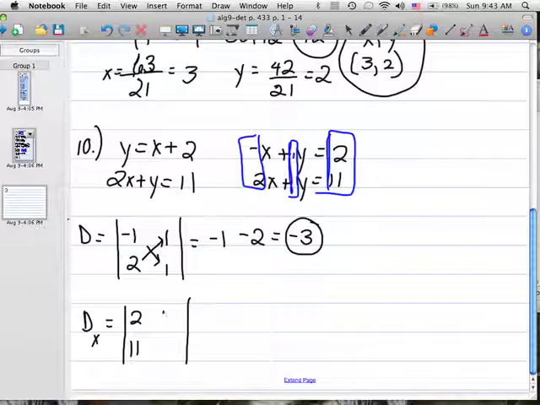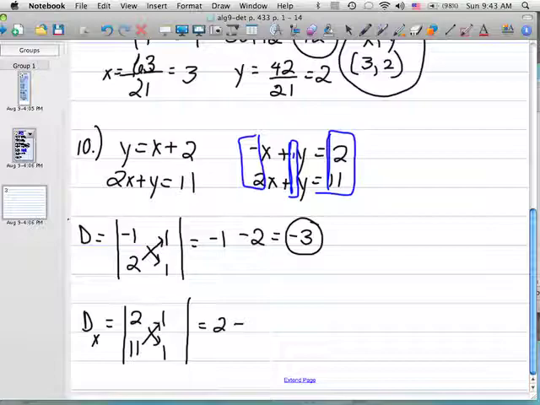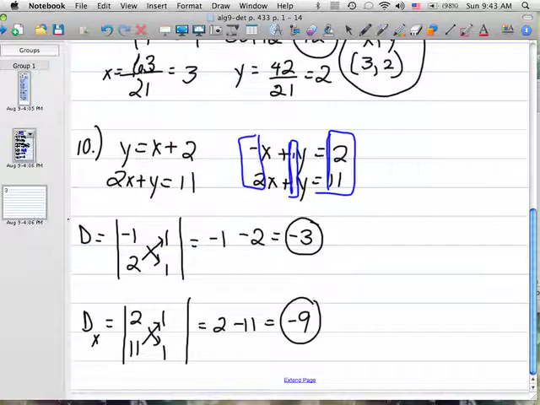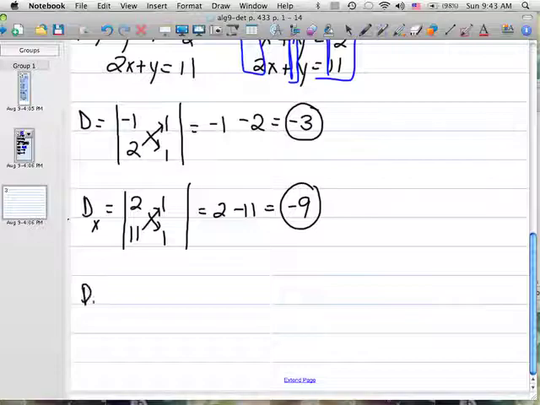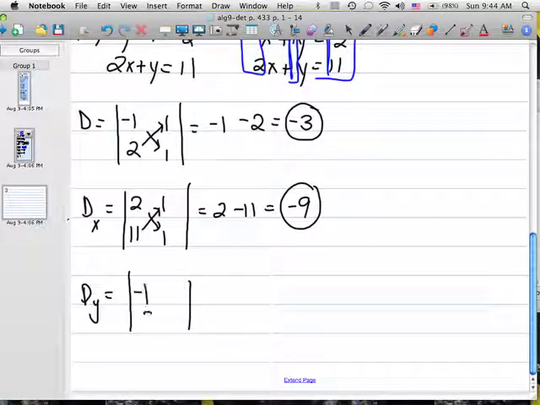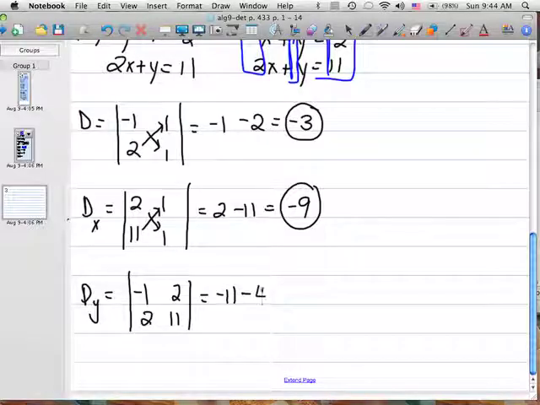Leave the y values alone, 1, 1. So multiplication, 2 times 1 is 2, minus 11 times 1, 11. That gives me -9. And then the determinant for y, since I'm not looking for x, leave the x alone, -1, 2. Replace the y column with 2, 11, the constants. Do the multiplication, -1 times 11 is -11, minus 2 times 2, which is 4, which gives me -15.